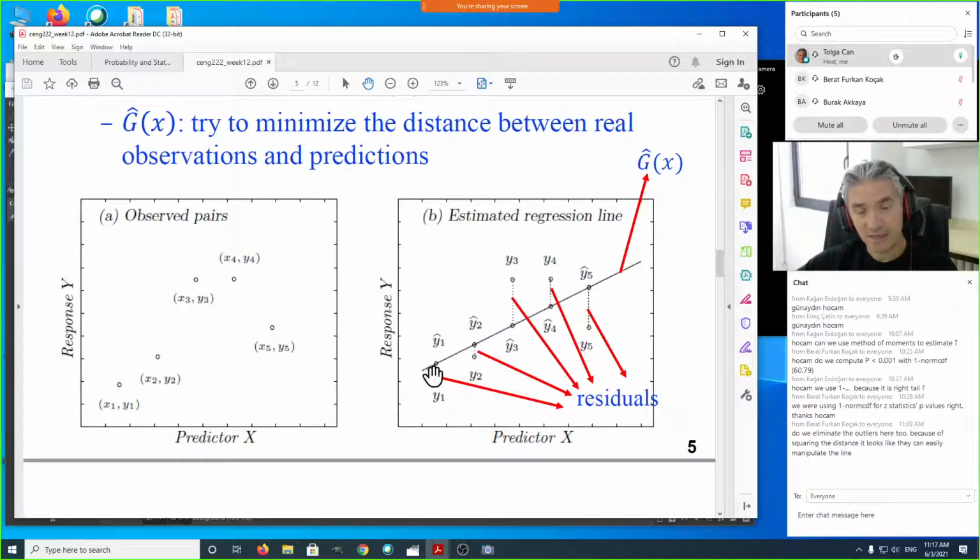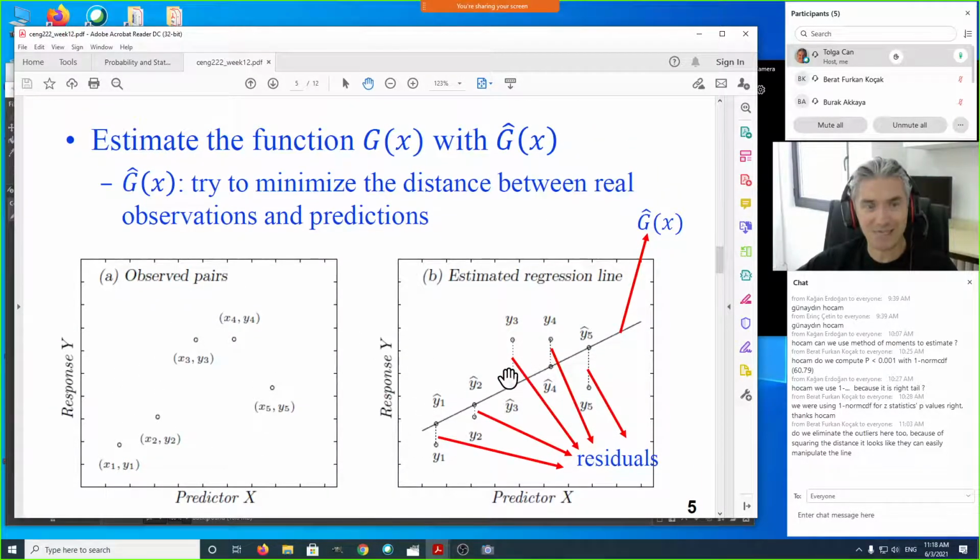We find the residuals with equal weight. Here is the difference between y1 and y1 hat, y2 and y2 hat. These hat ones are the ones that would be predicted if we use this function, g hat, as our predictor. And these are the actual points. As you can see, as given here, they become our residuals, and our goal is to minimize these residuals.